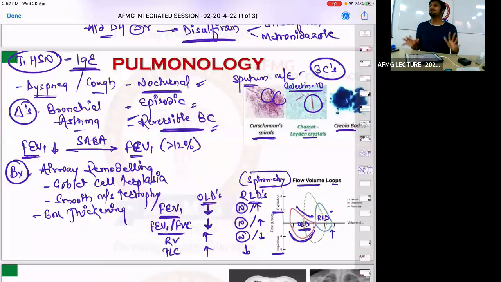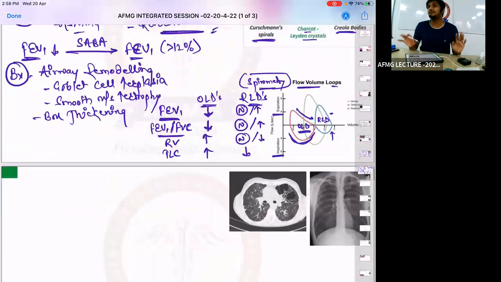Interleukin 4. Interleukin responsible for activation of eosinophils? No issues with this? Remember this, it is an important one-liner from general pathology.